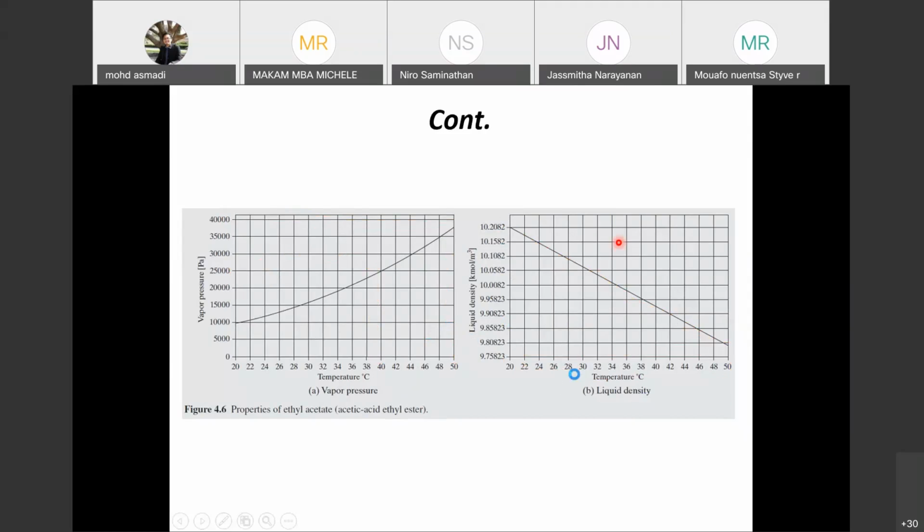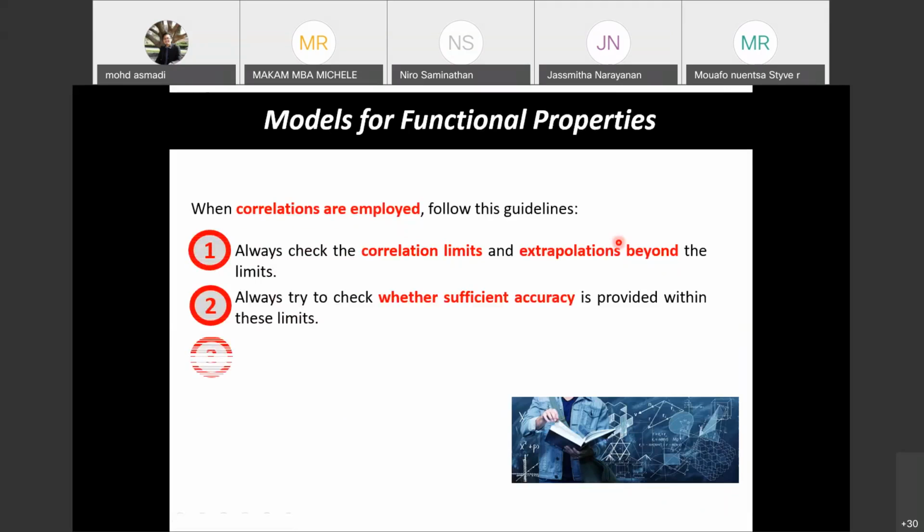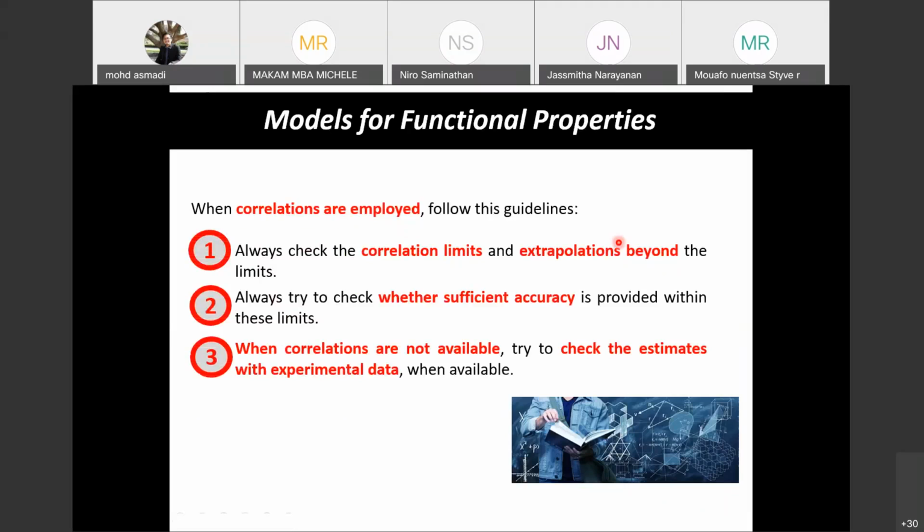So for the model functional properties, this is the guideline that you have to follow to employ the correlations. What you have to do is always check the correlation limits and extrapolations beyond the limits, and always check whether there is sufficient accuracy.